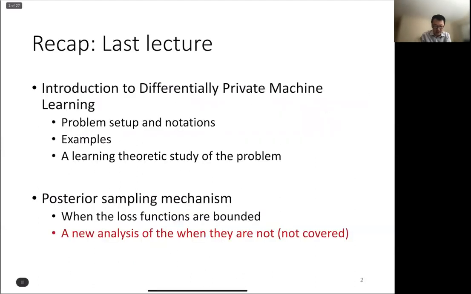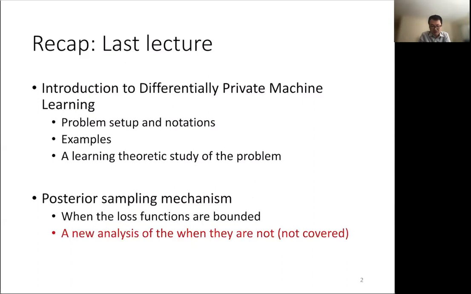We'll start with a quick recap. In the last lecture, we introduced the problem of differentially private machine learning. We understood the problem setup, the notation, and gave a number of examples of why it is interesting and meaningful. Then, from the statistical learning perspective, we defined this problem and gave a preliminary study of it to show what problems are learnable and what are not.